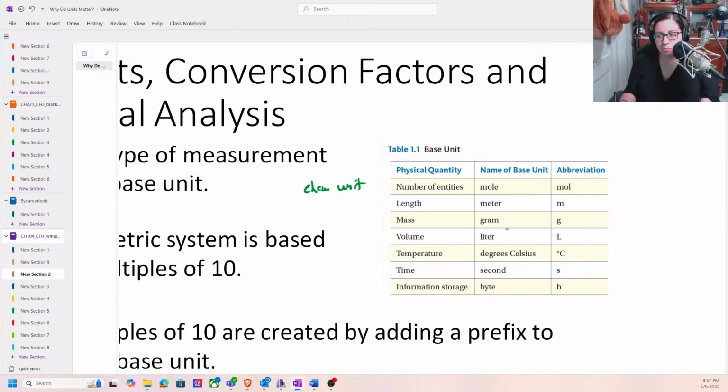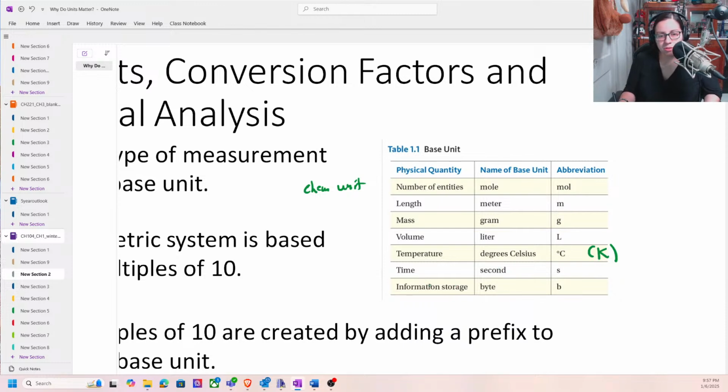And then volume, liters. And then temperature, they do give here degrees Celsius. Later, we'll discuss Kelvin and why that's really a better unit for temperature. And then time, we have, of course, the base unit of seconds.